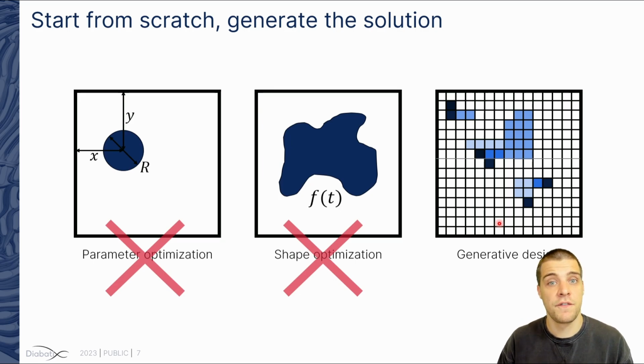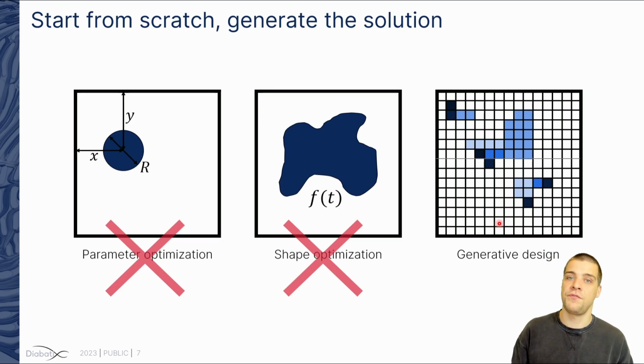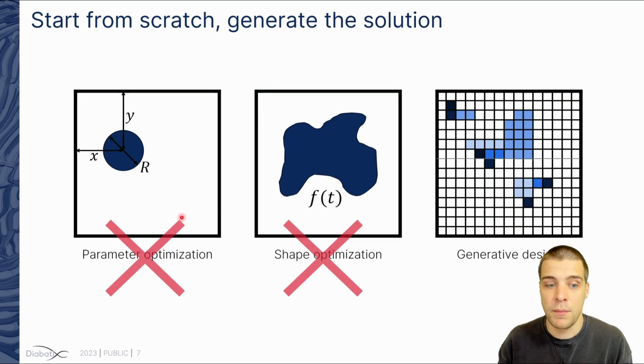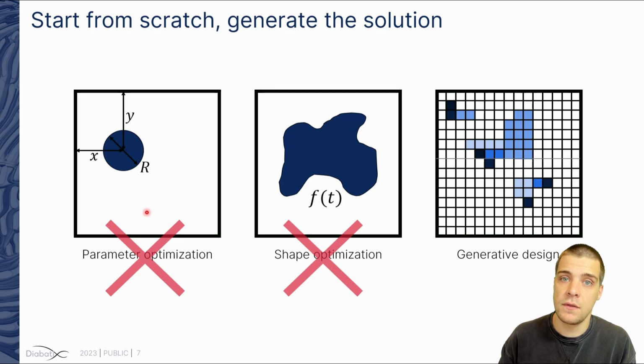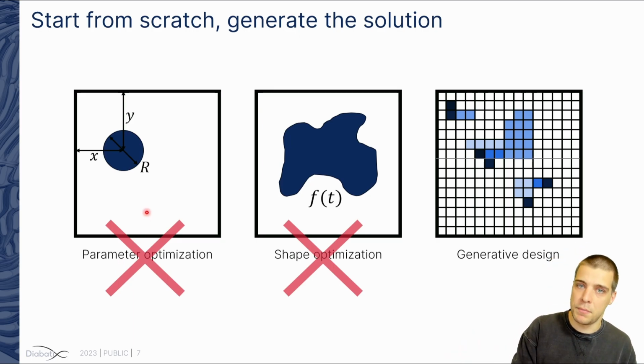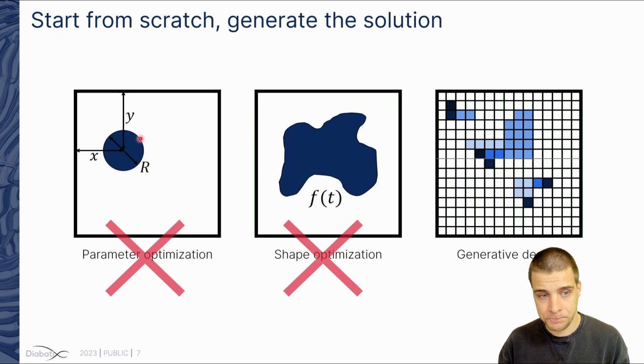Okay, so now we have talked about the general optimization loop that the software has to go through. There are multiple ways of tackling that problem. The easiest way is by using parametric optimization. Basically, start from an initial design philosophy, let's say pins or fins, and then you parameterize that design philosophy. I'll take the example of pins.